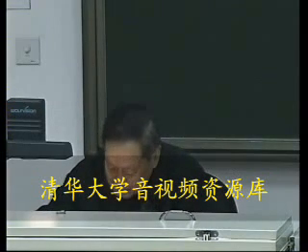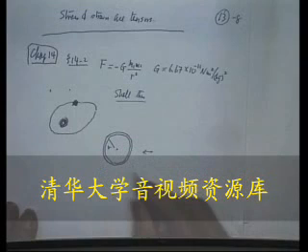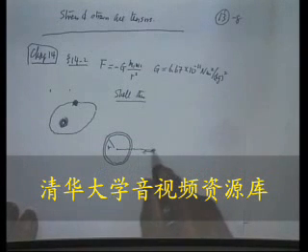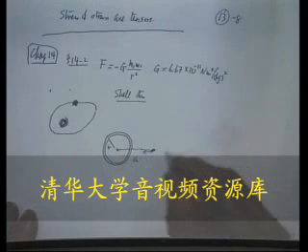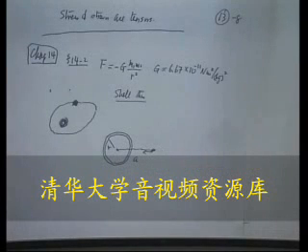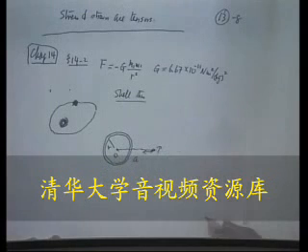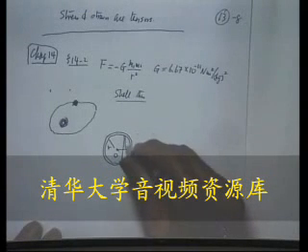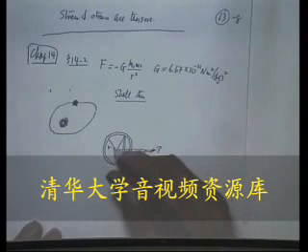Now let's try to prove that. Suppose this distance is r. This distance is a. a is the distance from the center, point O, to the point P. And let us now consider a ring at an angle theta.